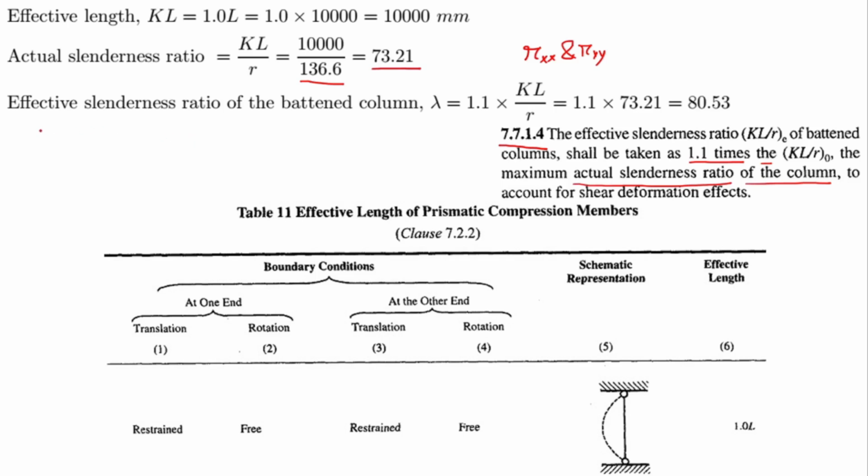Therefore, effective slenderness ratio of the batten column will be 1.1 times the actual slenderness ratio, which is KL by r. And finally, the value of effective slenderness ratio is calculated as 80.53.